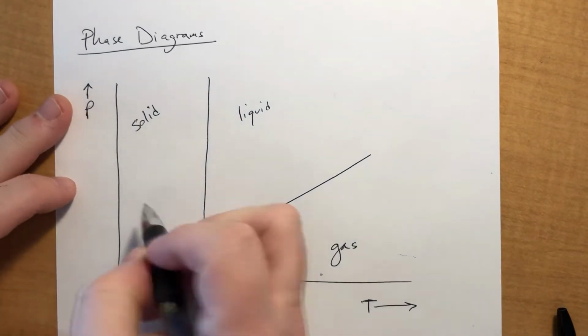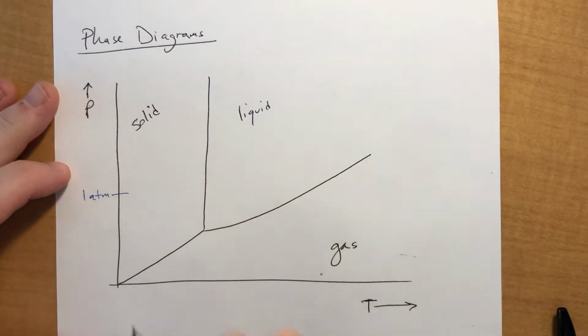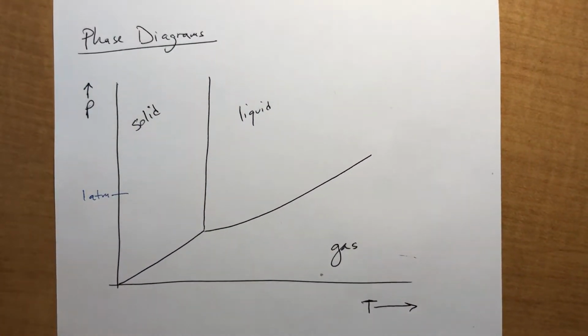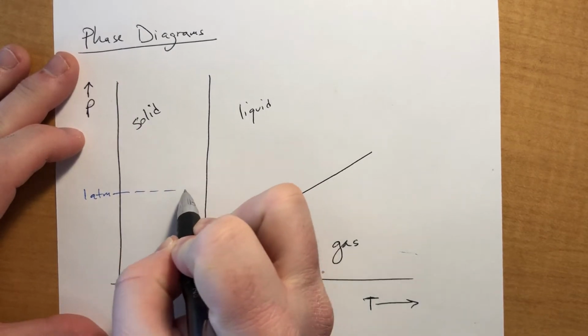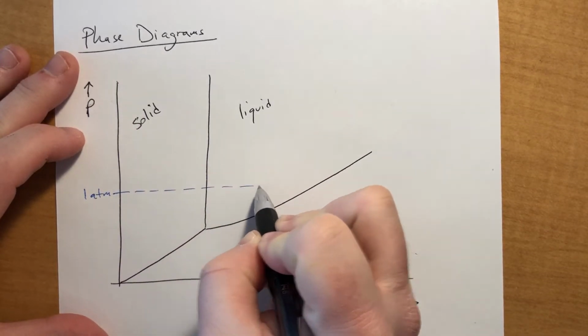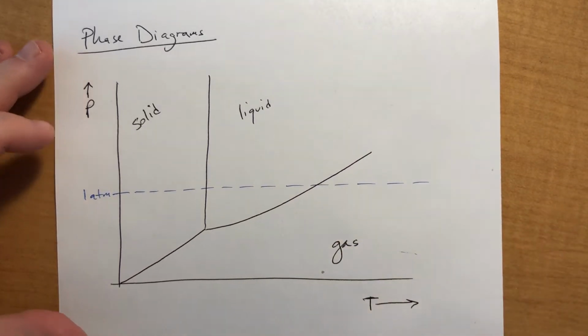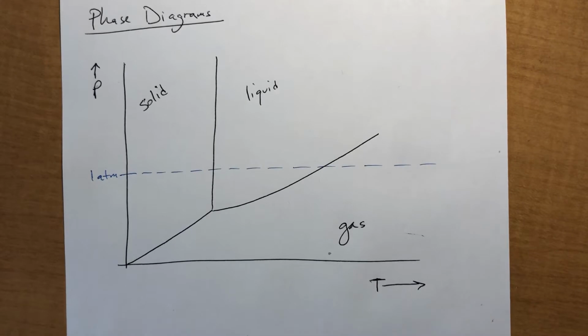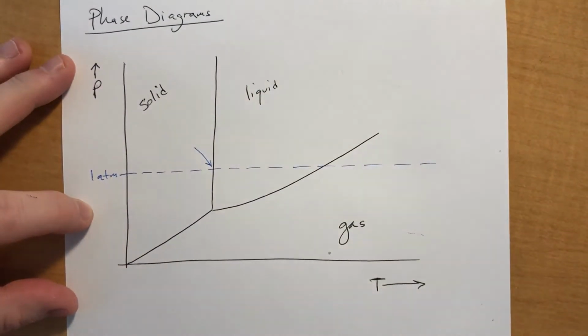If, let's say, this is 1 atmosphere, or 760 millimeters of mercury, whichever unit you like. I'm going to try to draw a nice straight line. I can't guarantee I'm doing a good job, but we'll figure it out. All right, so this is the normal melting point.